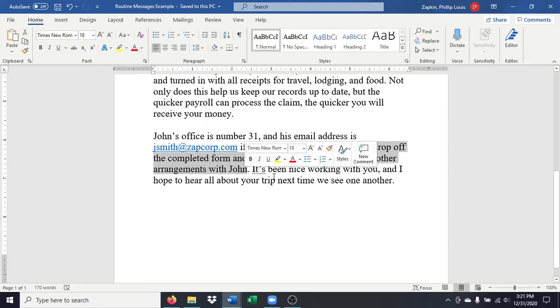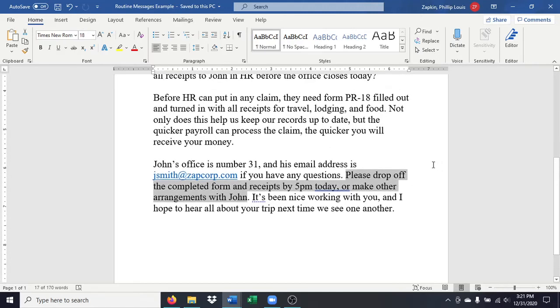Then we've got this second sentence. Please drop off the completed forms and receipts by 5 p.m. today or make other arrangements with John. So again, this is a details sentence. Now we're not reiterating in this case that it's form PR-18 and the receipts for travel, lodging, and food, but we are again establishing some details, particularly the deadline of 5 p.m. today.